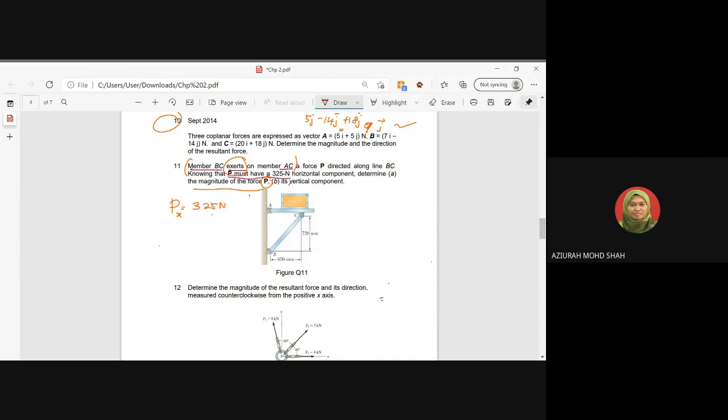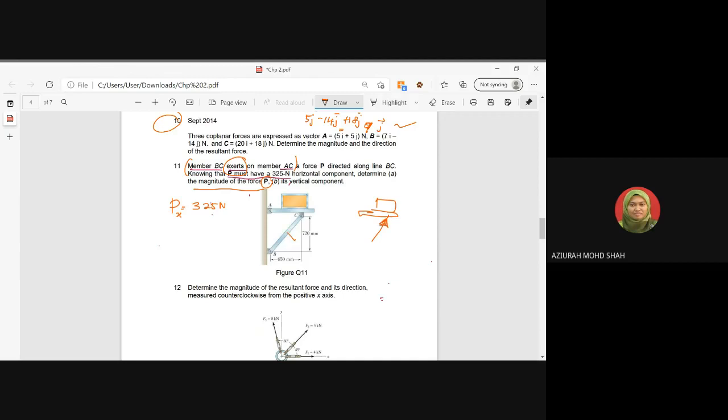Correct. Betul. Member BC apply on member AC. So it means member BC ni dia bertindak ke atas. So kalau bertindak tu maksudnya there's a force there that react dekat member AC ni. So kalau kata member AC ni, kita kata ada force macam ni lah.